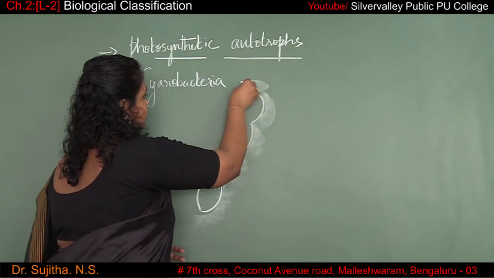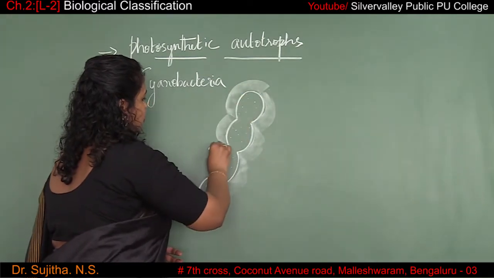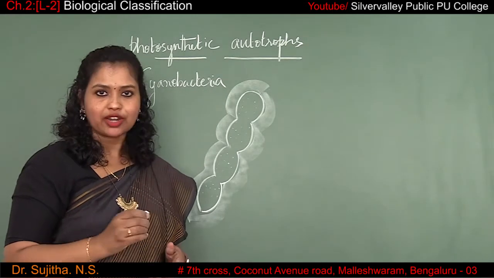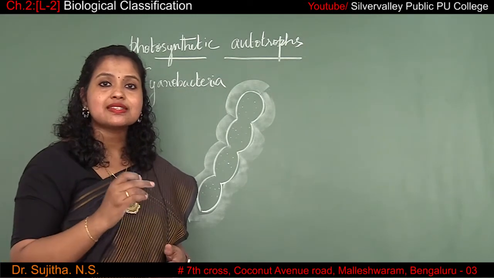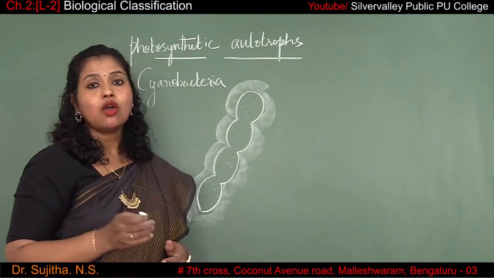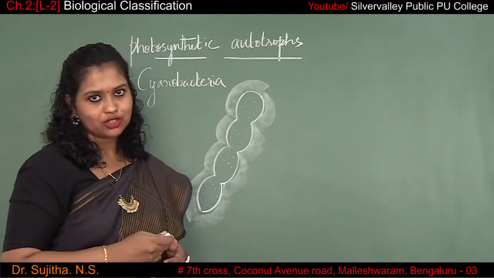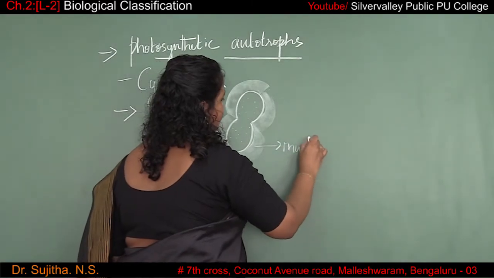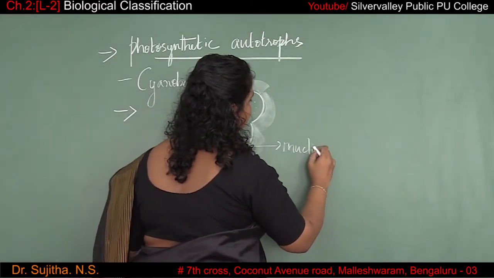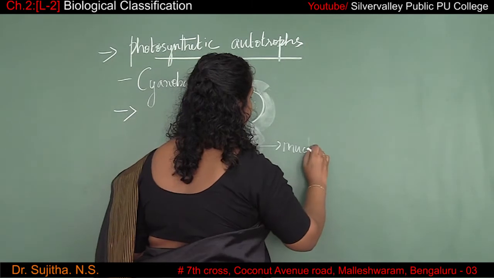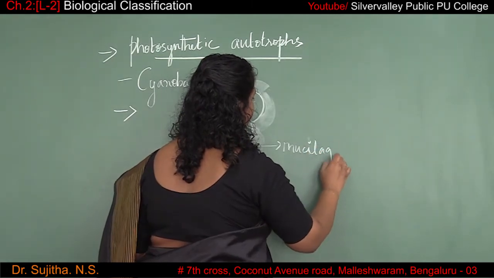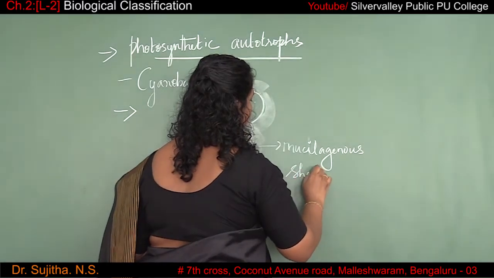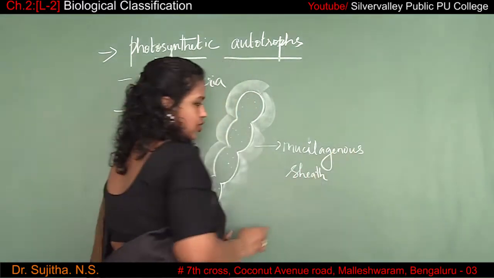So there is a covering. This covering is nothing but a layer of protection which will protect the cells from getting ruptured or from any sort of damage. So this is called the mucilaginous sheath.